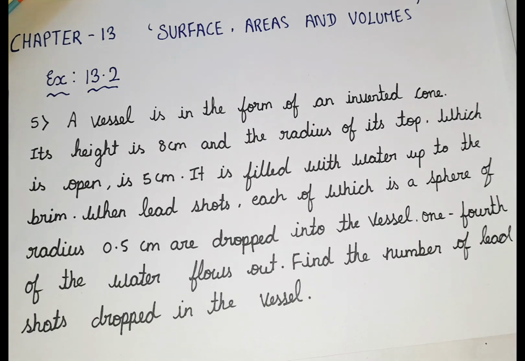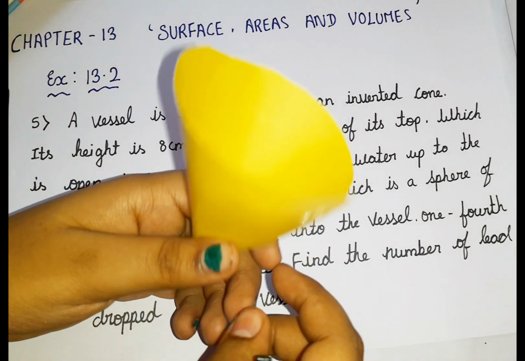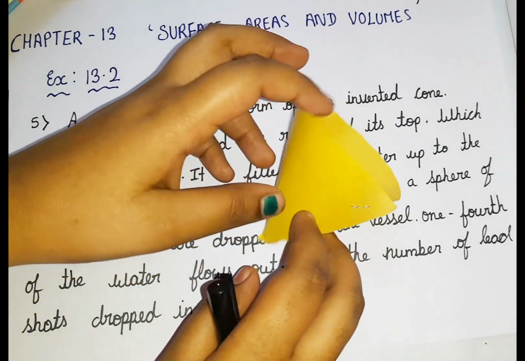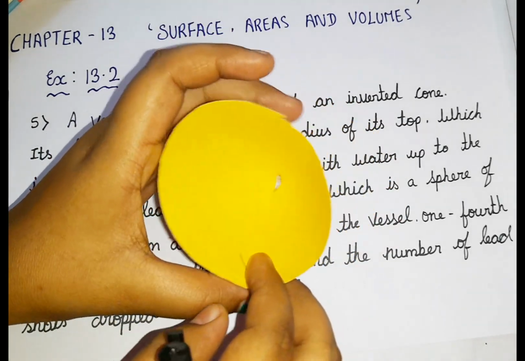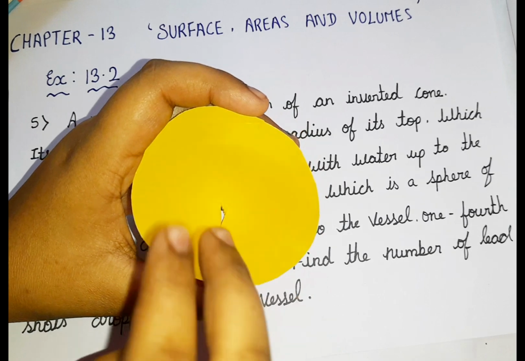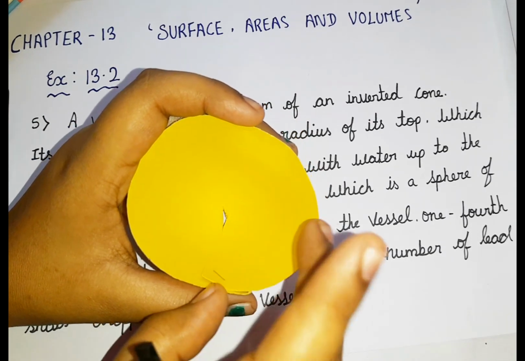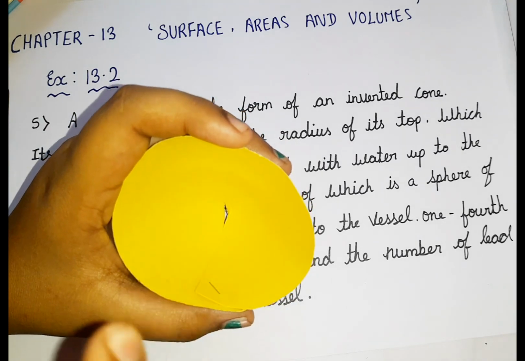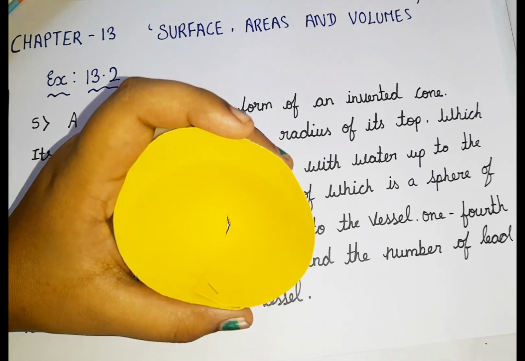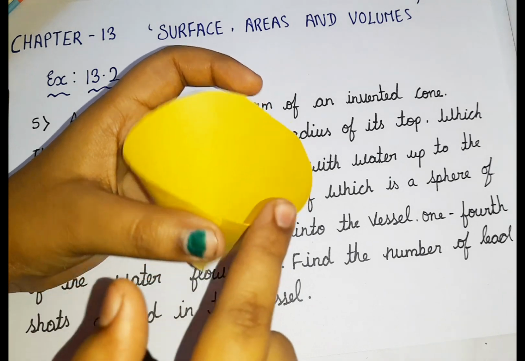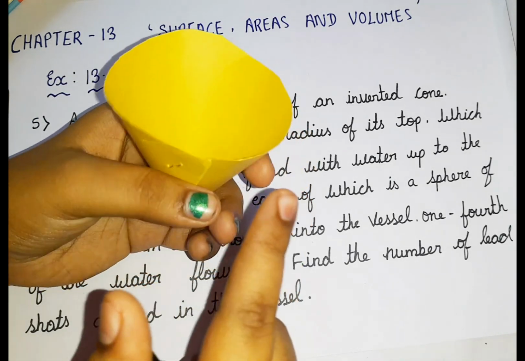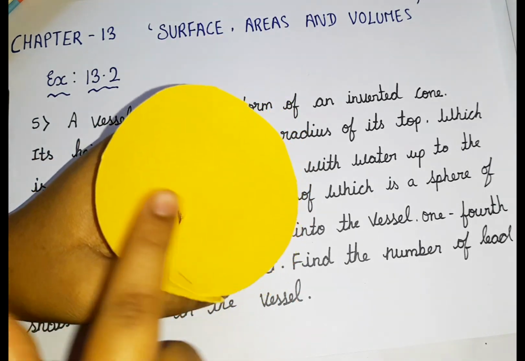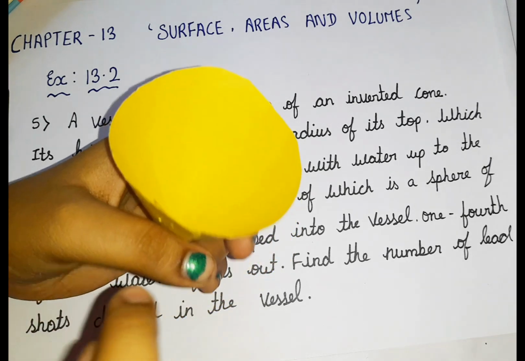For example, in this question there is a vessel, which is in the shape of a cone. According to the question, someone puts lead balls inside this vessel. This cone-shaped vessel is filled with water, so you can think there is a lot of water in it.